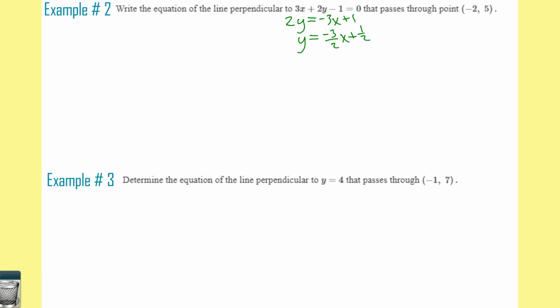Now, my new equation is perpendicular, so my new slope is going to be the opposite, so not negative, now it's positive. And instead of 3 over 2, it's going to be 2 over 3. Perpendicular is opposite reciprocals. All right, here, I'll write that.